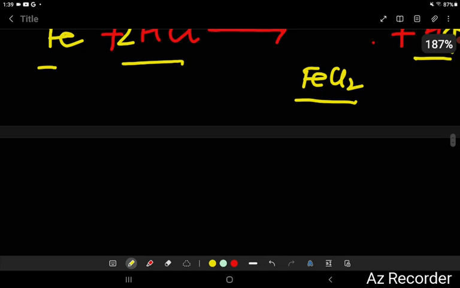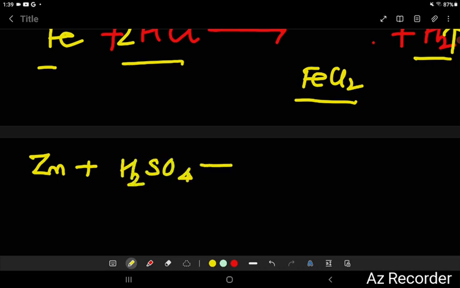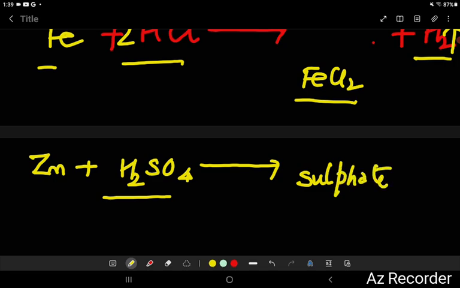Suppose you have taken zinc metal and taken sulfuric acid, that is H2SO4. As you know, sulfuric acid will form sulfate salt. Here you have to prepare sulfate salt, and which sulfate will be formed depends upon the metal.